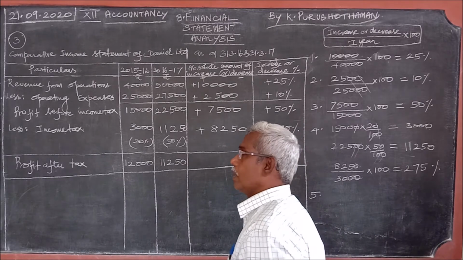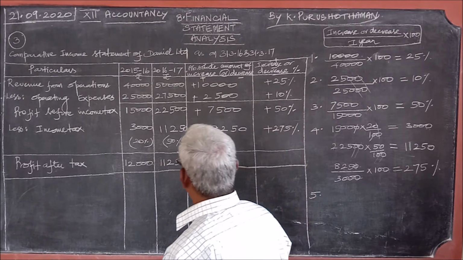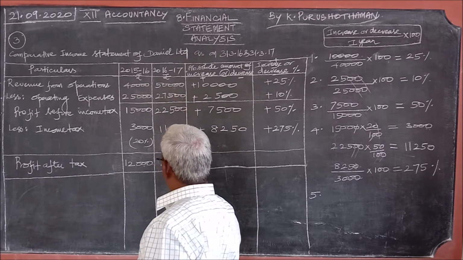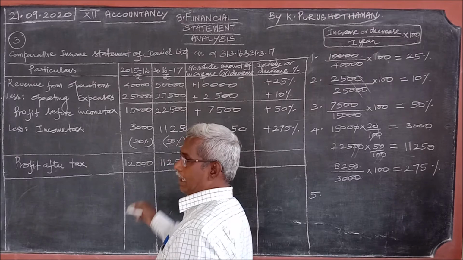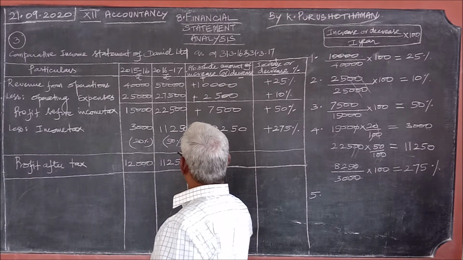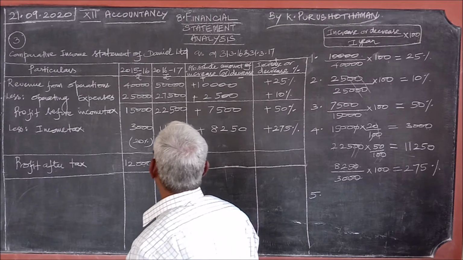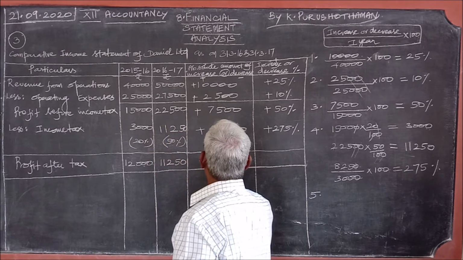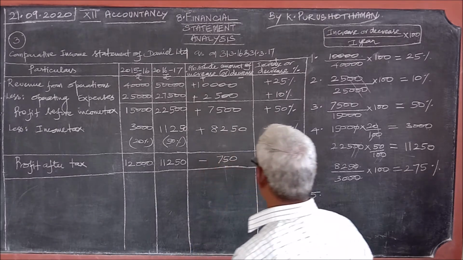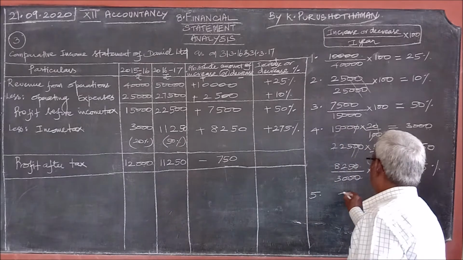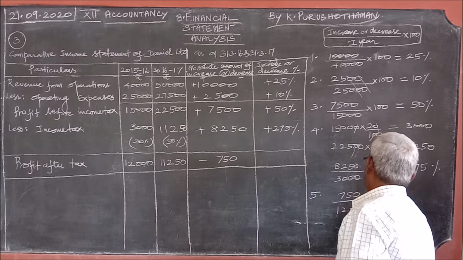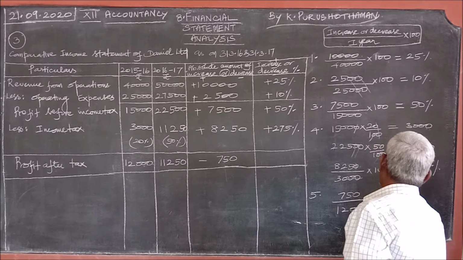First year 12,000, second year the profit has been reduced because of this income tax. So how much is the decrease? 750 rupees, minus 750. Therefore, decrease by first year 12,000 into 100.